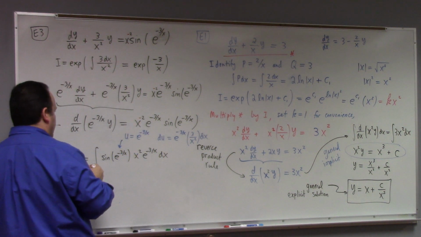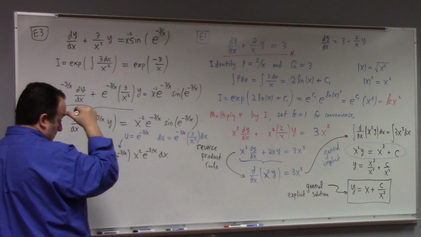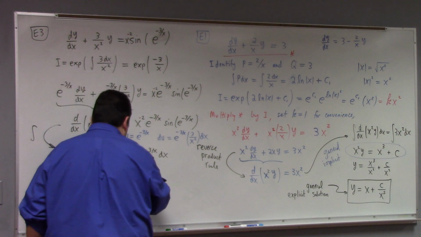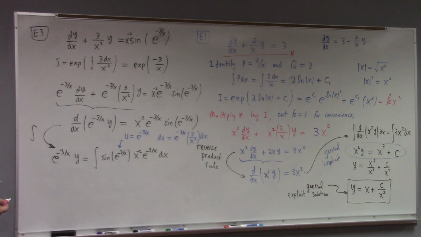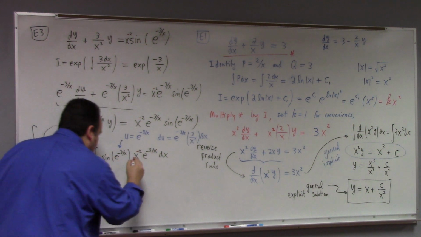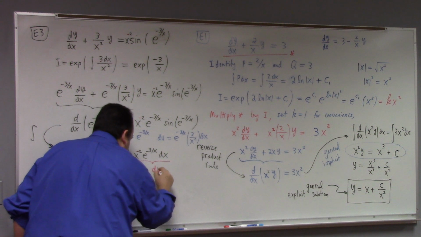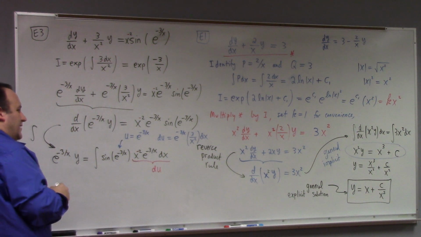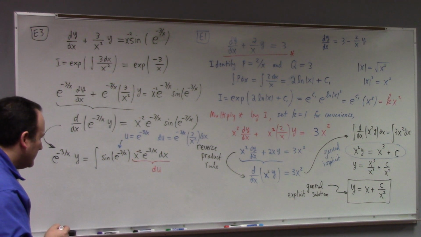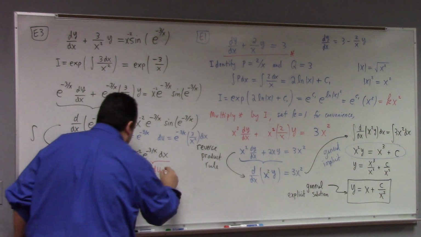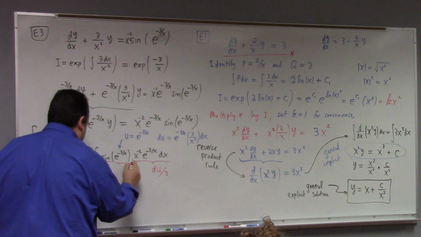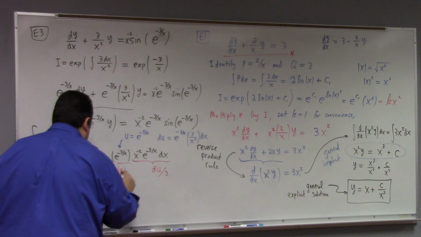With that small change, this is du, almost. What am I missing? A 3, so it's du over 3. And this is sine of u. So we can integrate.